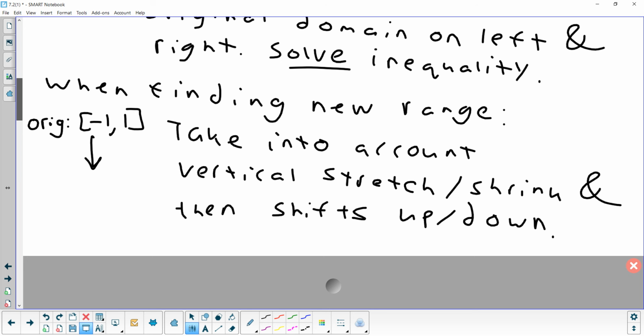And let's say I wanted you to stretch that by a factor of 3. What would -1 to 1 turn into if you stretched it by a factor of 3? Yeah, it would become -3 to 3. So to handle a vertical stretch or shrink, you just multiply each number by the stretch or the shrink, and that tells you your new range.